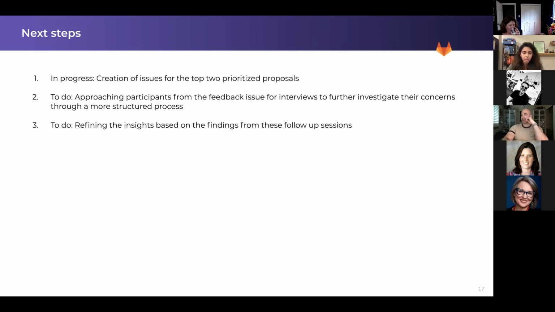Then we will refine the insights based on the findings from these follow-up sessions, which would end up validating the observations that we already have.